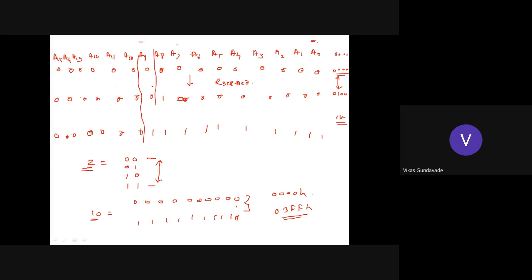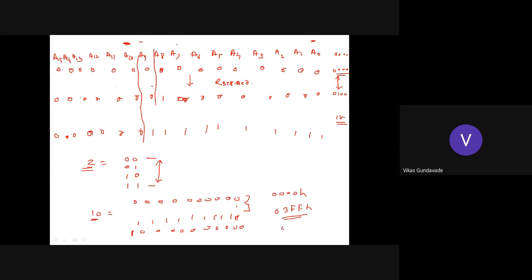Okay, if we want to interface the next memory, after this address the next address will become A10 equals 1, so this A10 bit becomes 1, then the remaining bits become 0000000000. Okay, so this will be the starting address of the next 1K memory.